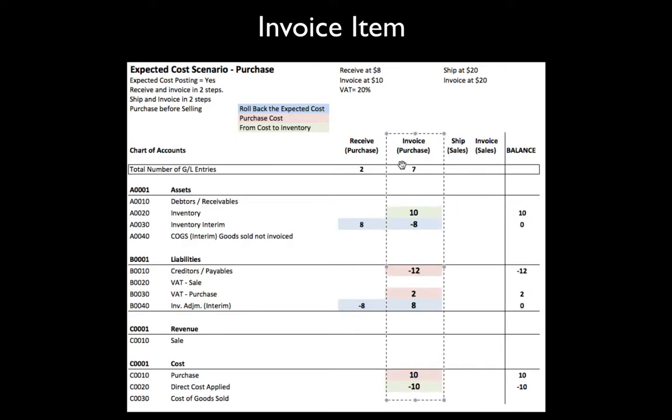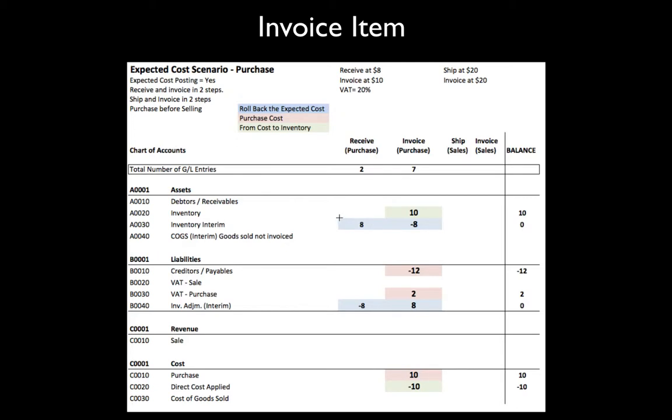Well, first of all, it creates 7 GL entries here. And I've tried to break those 7 GL entries up into 3 kinds of postings. The first kind is rolling back the expected cost. There's no need anymore to have anything posted to your interim account.